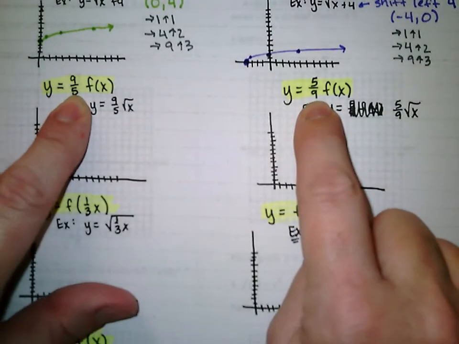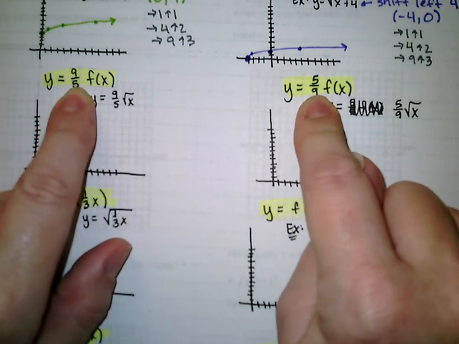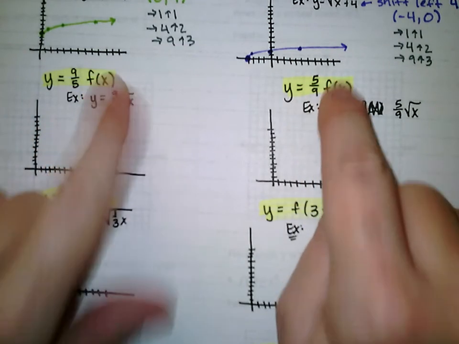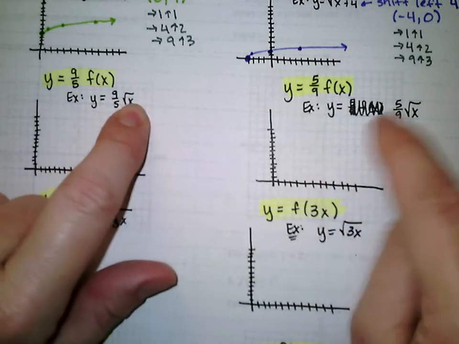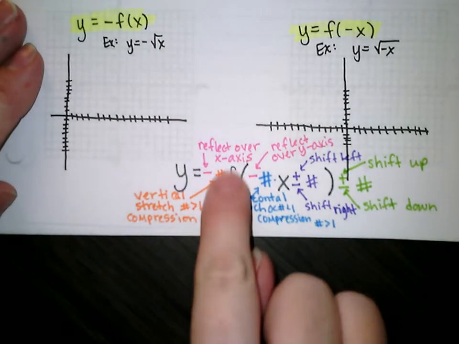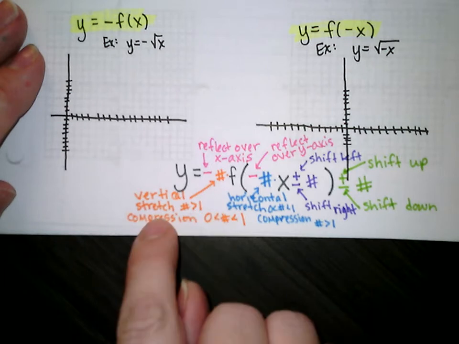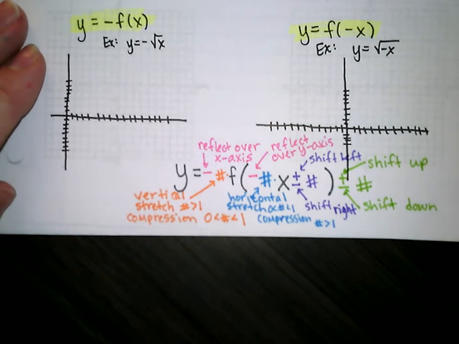These two are going to be similar transformations. They are outside of the parent function. So we have 9/5 times the square root of x and 5/9 times the square root of x. Those are these little guys out front, a number out front. It's going to be a vertical stretch if that number is bigger than 1, and a vertical compression if the number is between 0 and 1.